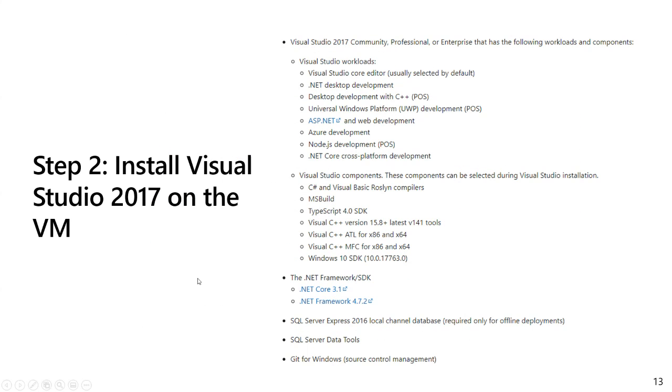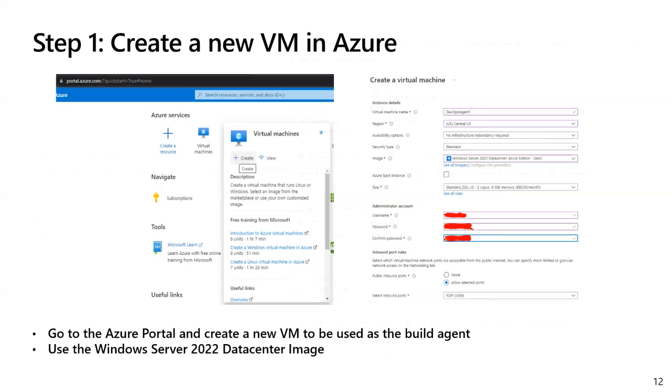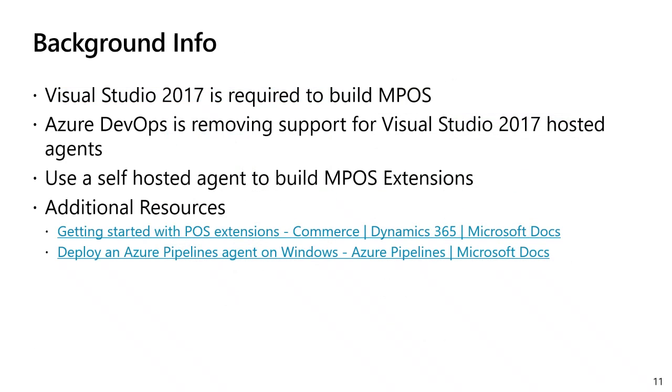So once the VM is created in Azure, the next two steps are basically to install the development prerequisites on the VM. The first one is Visual Studio 2017 with the components on the right. Those components are also listed in the documentation on the doc site, and that's also linked in the additional resources section of the background info slide.